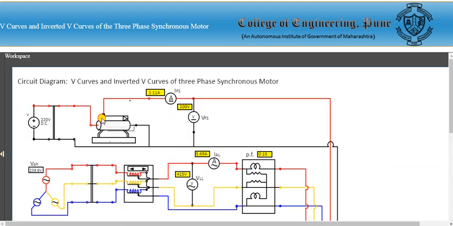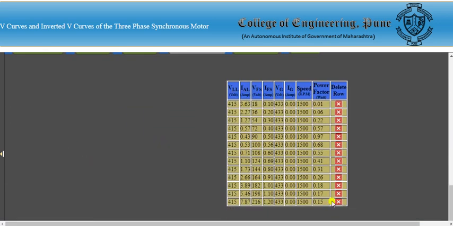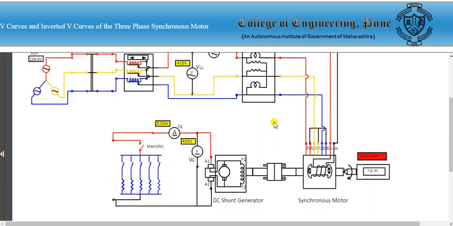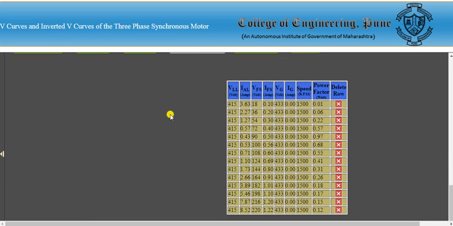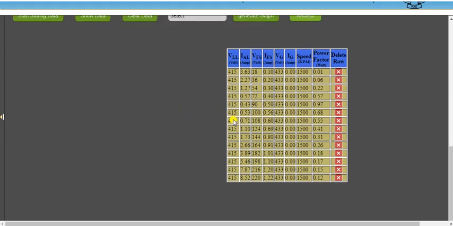Again 1.2 ampere, show data, power factor becomes 0.15. Then 1.22 is the maximum limit. It can't be increased beyond this level. 1.22 is the optimum level. In the last row of the observation table we have got 0.12. So we have got the whole observation table.